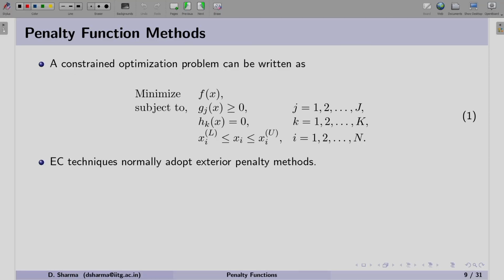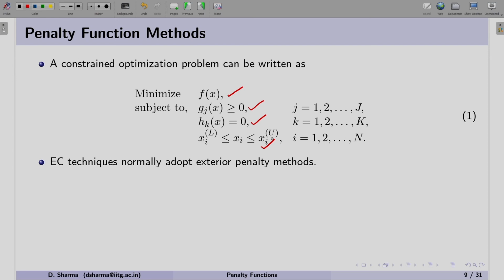Now if we look at the constrained optimization problem, we are familiar with this representation where we want to minimize our objective function. We have inequality constraints g_j(x), we have equality constraints, and we have variable bounds. Now from the definitions of interior and exterior penalty methods, we can see that EC techniques generally employ the exterior penalty methods.